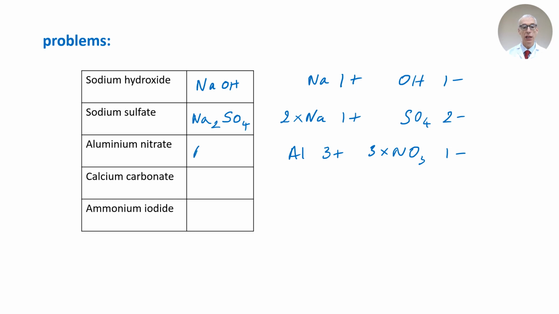So I need aluminium and then nitrate 3 times. I use a bracket because I'm not just multiplying the oxygen by 3, I'm multiplying the nitrogen by 3 as well. So the bracket tells me that I'm multiplying everything inside the bracket 3 times.